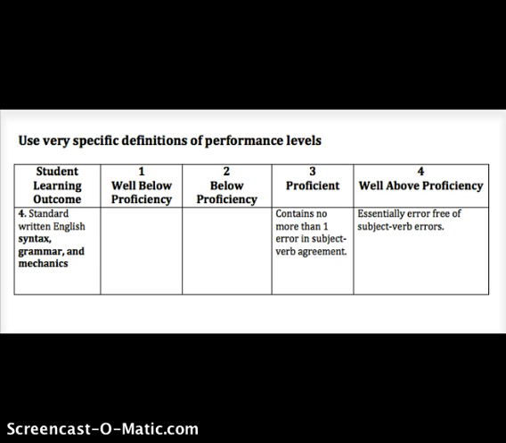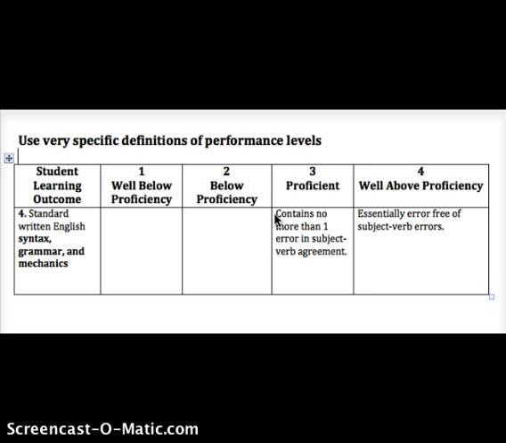So for example, let's say that you've really focused in your class on writing sentences that have no errors in subject verb agreement. Well, that might be the only thing you decide to grade on as far as this category goes on that one assignment. If that's the case, then that would be how you define proficient in this category.